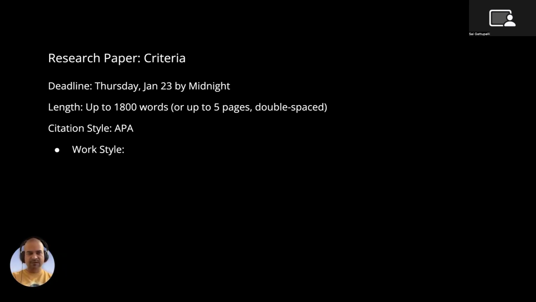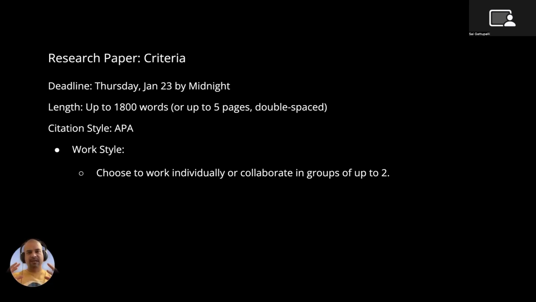As for work style, I thought about it, and then I thought maybe I should open it up. If any of you would like to work with your peer, you can do that. Or if you think it's a topic that only you want to talk about, you're open to do that also.